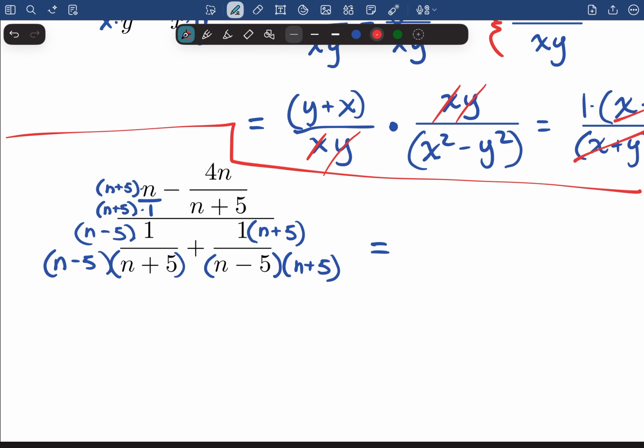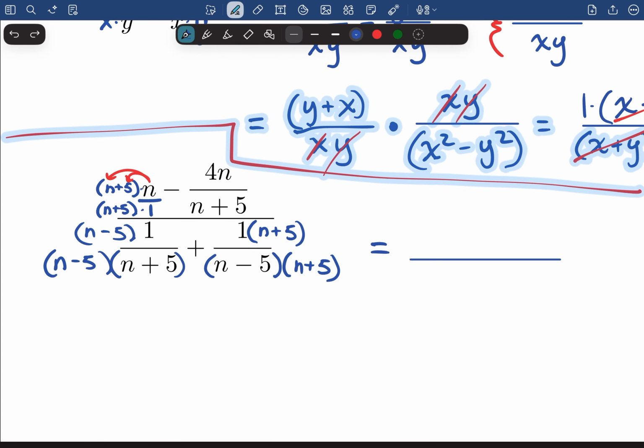So you could think, oh, I need to distribute. And I'm creating a big fraction with a smaller fraction on top and a smaller fraction on bottom, like this. So this is my setup for the whole thing.